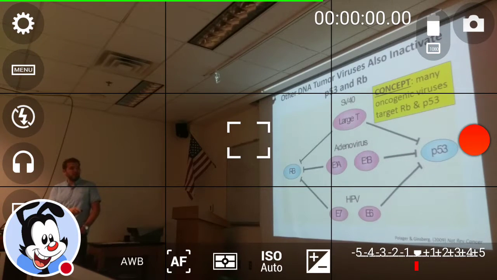So SV40, like I said, the large T hits both. Adenovirus, E1A and E1B hit those, and then HPV E6 and E7 will affect them. So it seems that hitting these pathways is really beneficial for viruses in order to complete their life cycle. It just sucks that for us, losing those proteins causes disease.